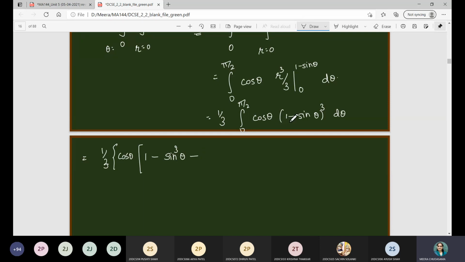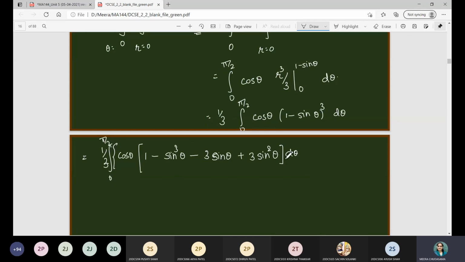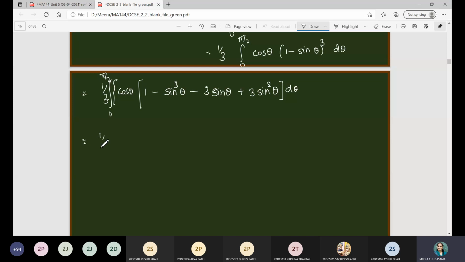Then when I consider 3a square b, it will be negative, so 3 sin theta, and when I consider 3ab square, this one will be the positive one, so 3 sin square theta. So this is what the expansion will have. I forgot to write the integration. So this is what we have. So let us simplify this.